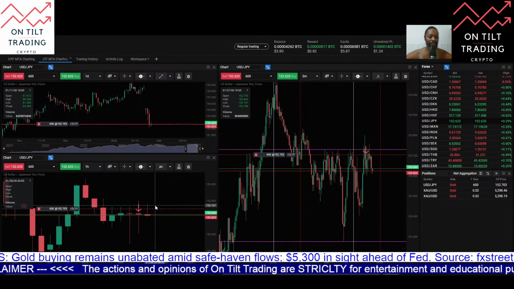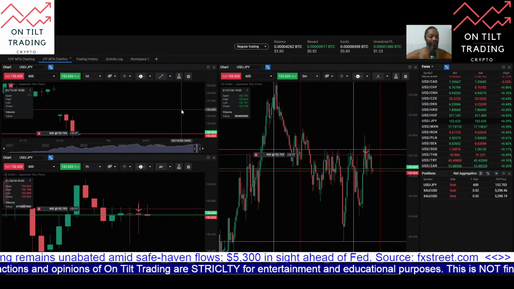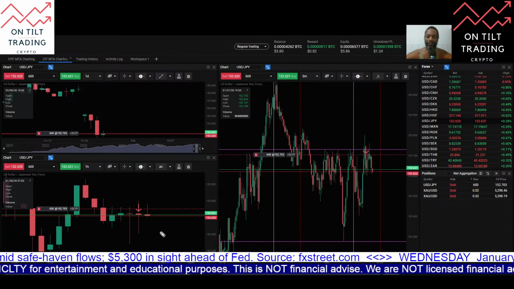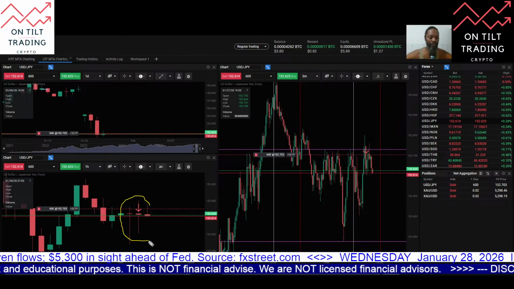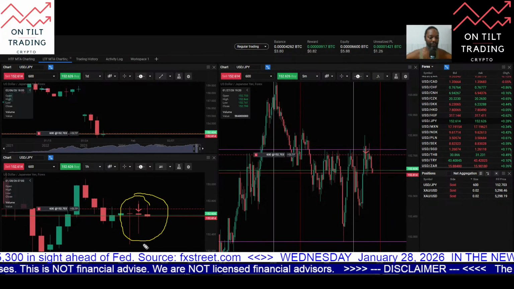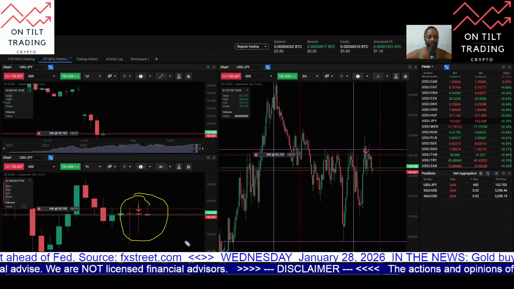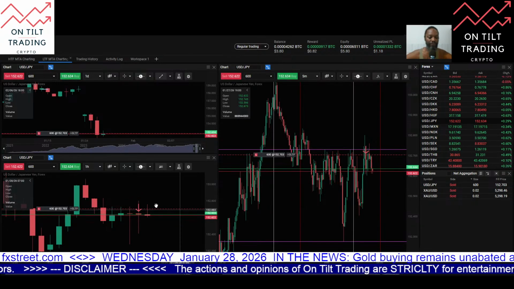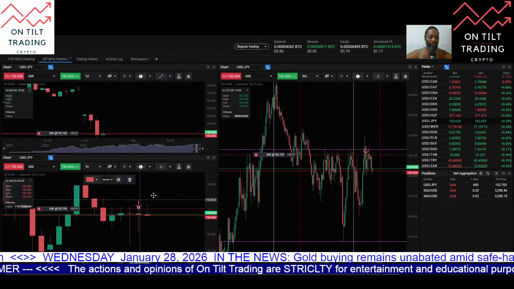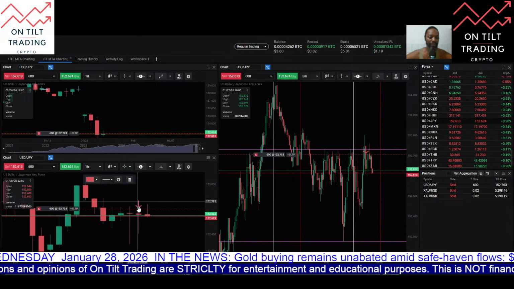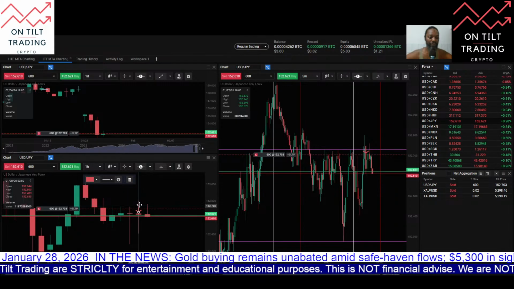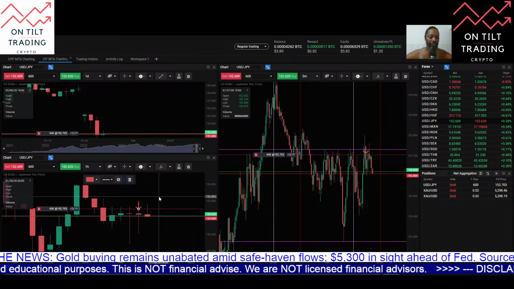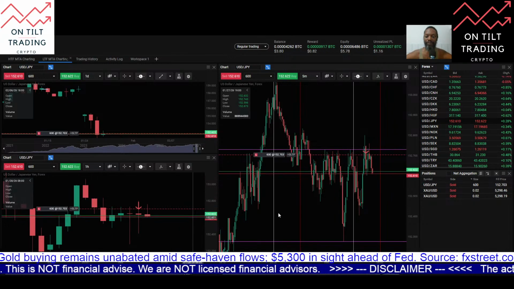See here on the 1 hour chart, some wicky price action this morning. Here, so you can see some volatility in the market. Okay. Price definitely pulled back a time or two here.